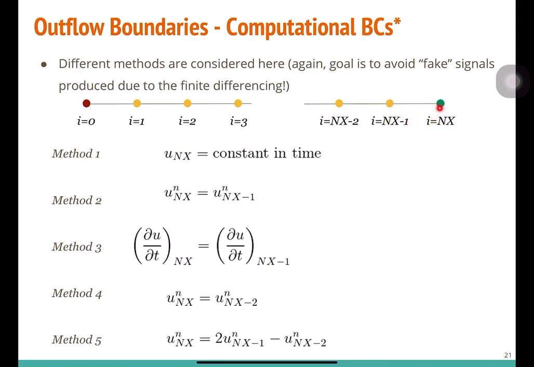If they are the same, then if you do center differencing, you will only have one unknown. It will be easier. And then the third method is that we assume that the change at this location would be the same as the change at this location, so the change in time. So it just depends on your choice.